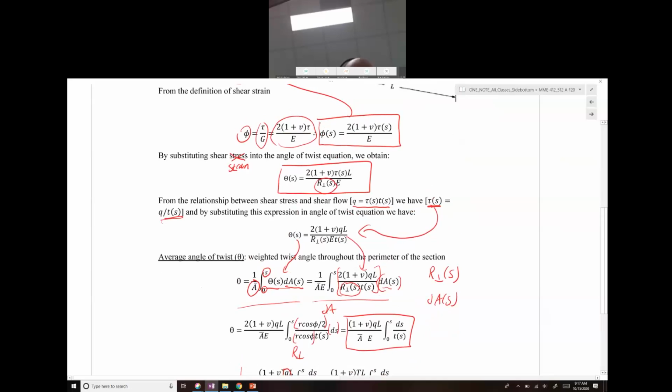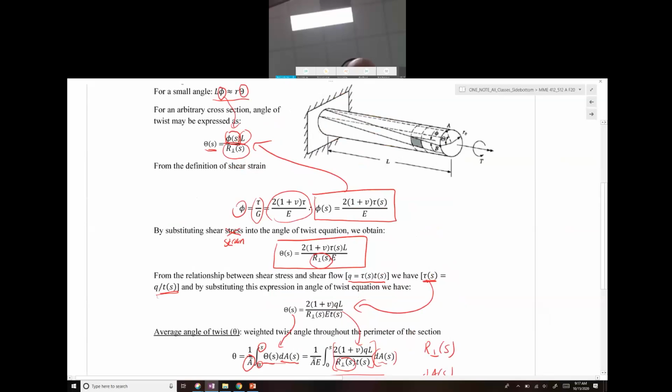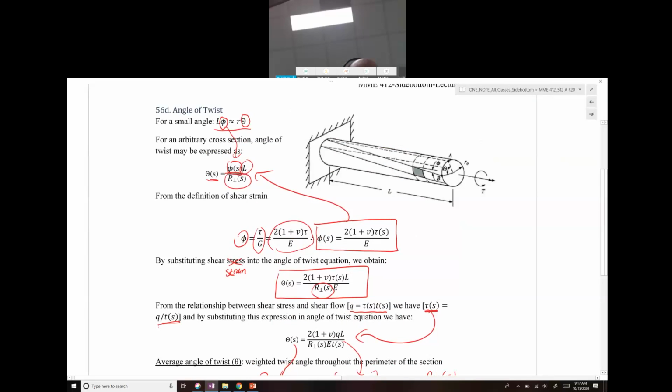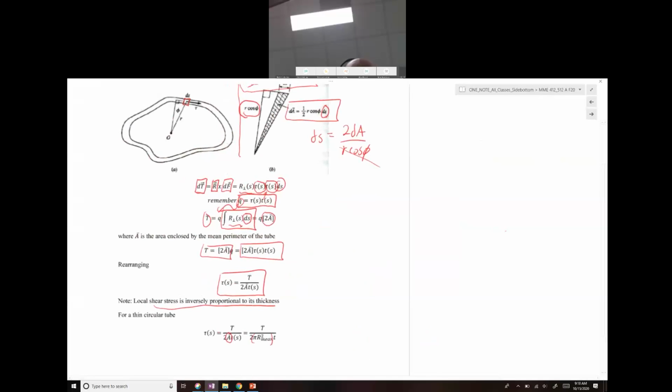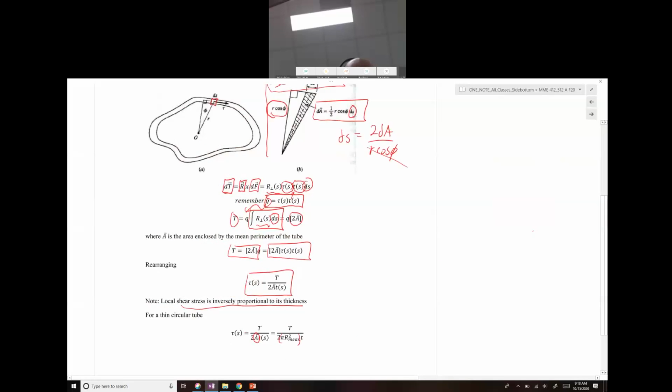I think it's on the last page. So for q, if you look at this equation here, q is equal to T over 2A bar. So we can plug that in to the next page.